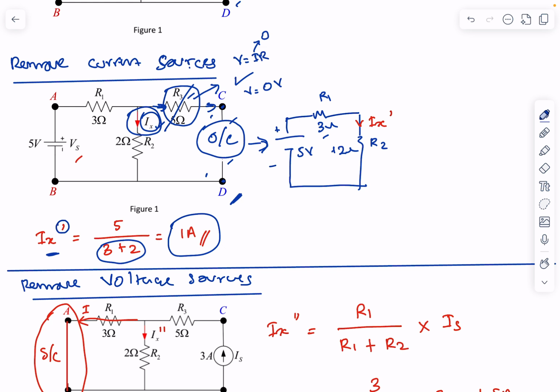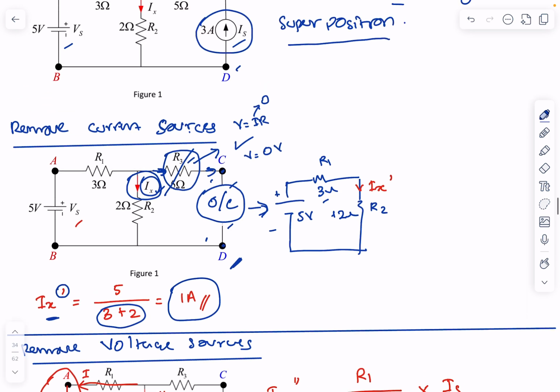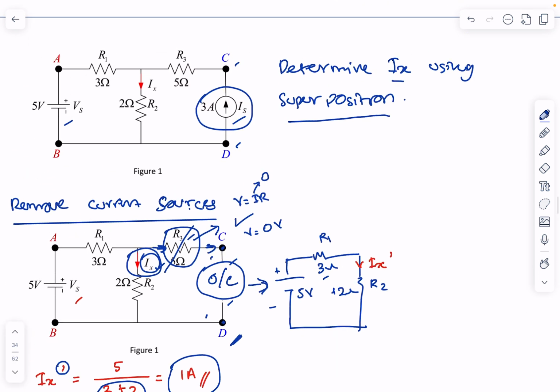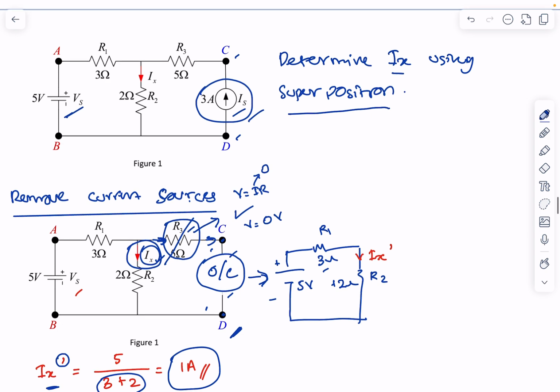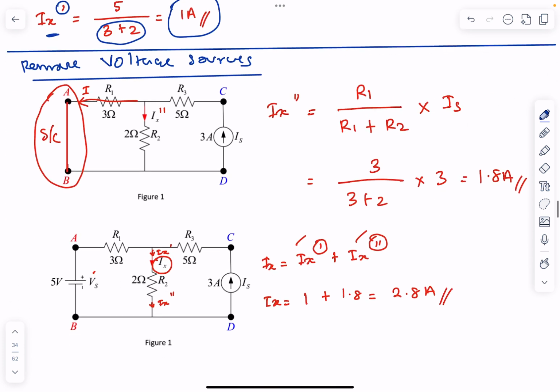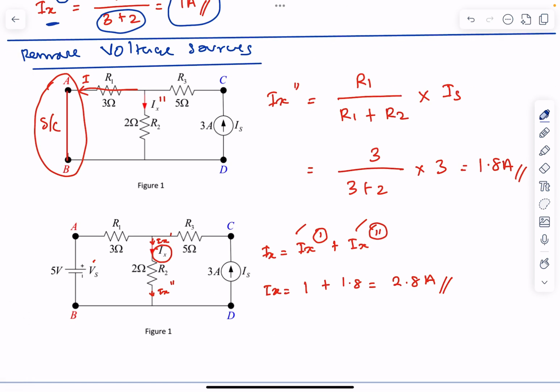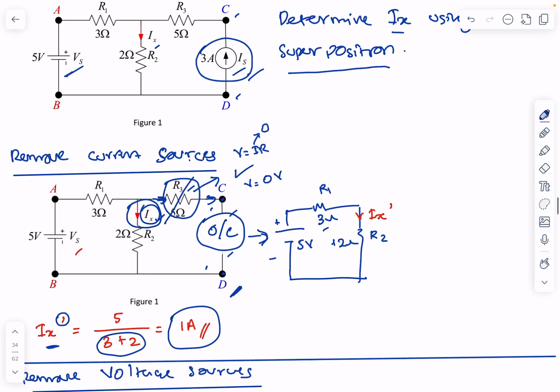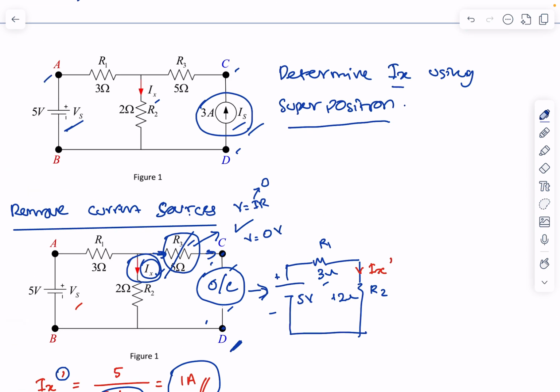As you know, in the original circuit you have two energy sources, a current source and a voltage source. To find Ix, first you removed Is. You have done that. Now you want to remove the voltage source at terminals A and B. At A and B you have the voltage source, and at C and D you have the current source.